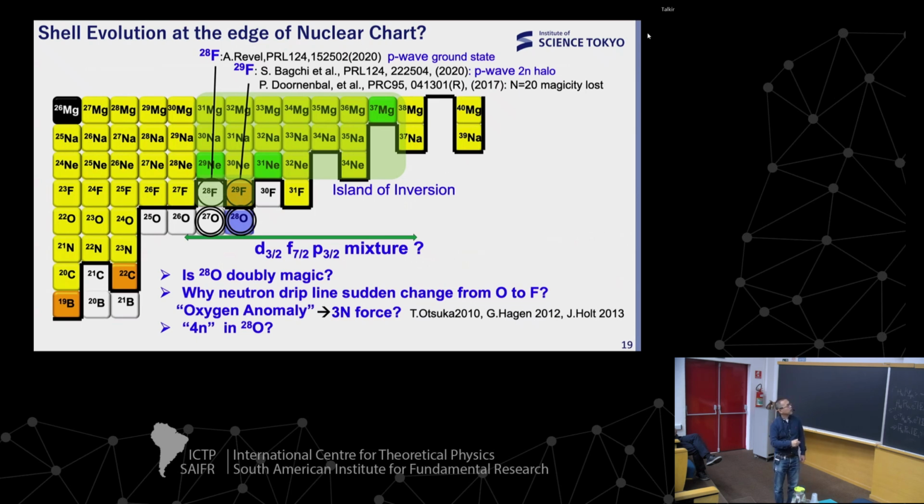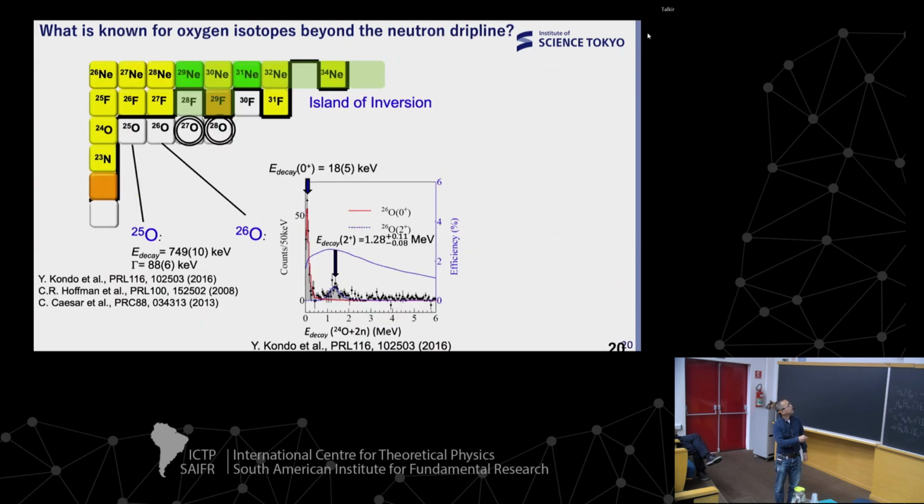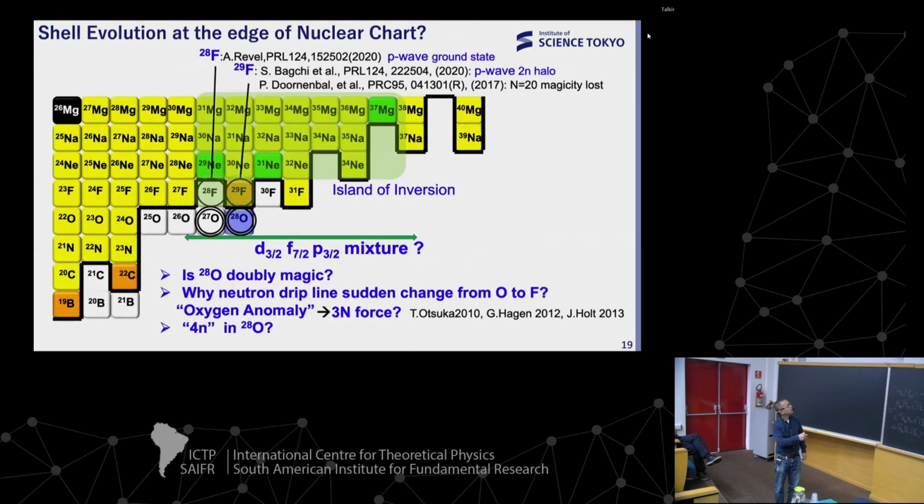About oxygen-28, we are also interested in whether there is some four-neutron correlation. Sorry, I didn't mention that, but there's another thing about oxygen, because oxygen-24 seems to be doubly magic, namely the neutron number 16 is found magic in oxygen-24.